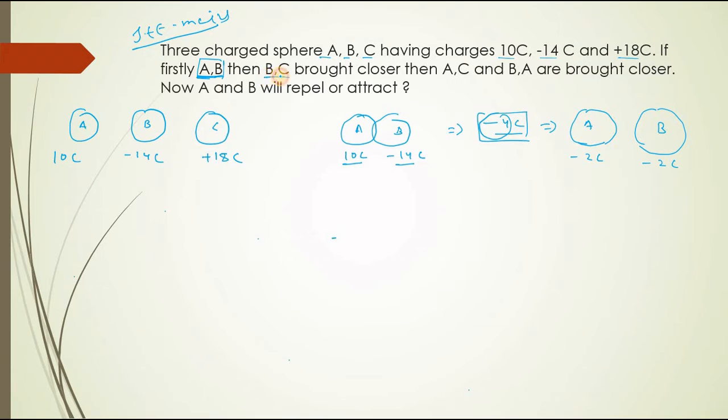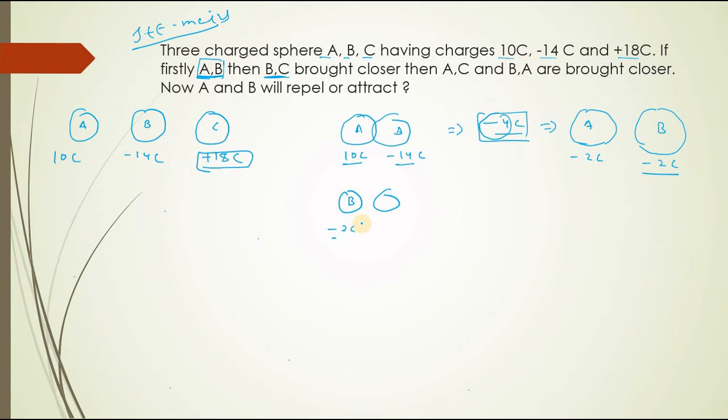Then the question says you bring B and C close to each other. So now you're going to bring B and C. When you place B and C next to each other, B has the new charge minus 2 coulomb and, let's suppose, C has 18 coulomb of charge.